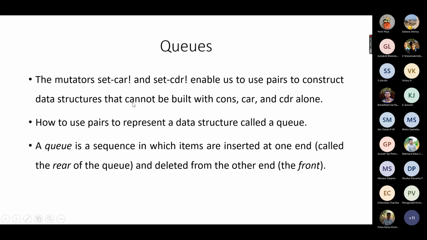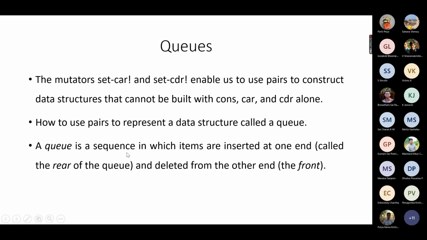While constructing the data structure, we have used cons. After constructing, to select something we have used car and cdr. And to modify, we have used setcar x and setcdr x. So how to use pairs to represent the data structure called queue? That is the question. How to use the pairs concept to represent the data structure called queue?